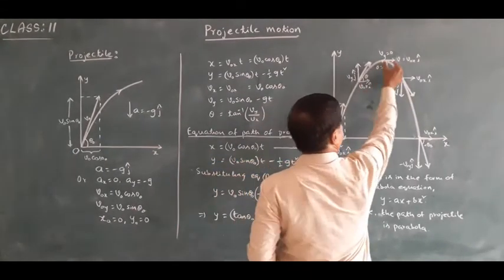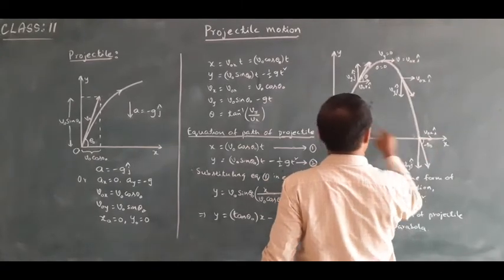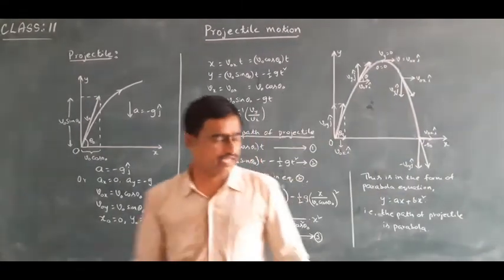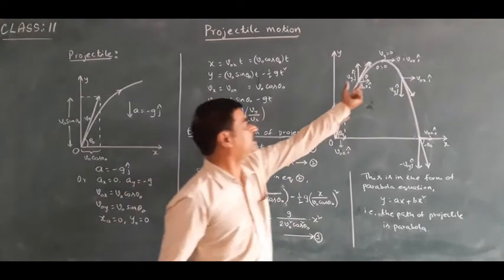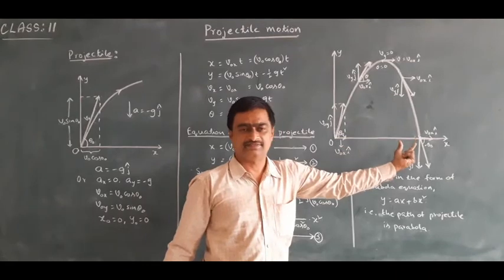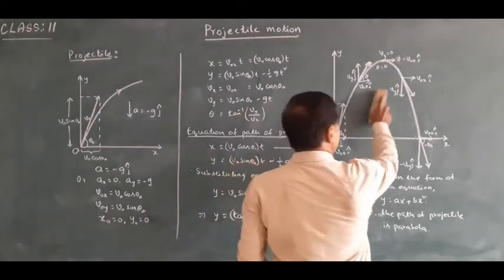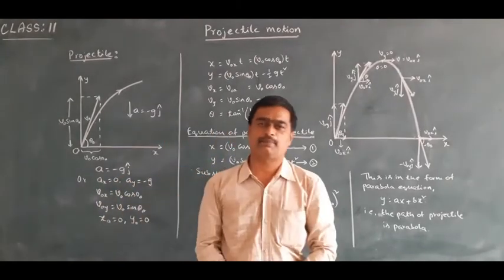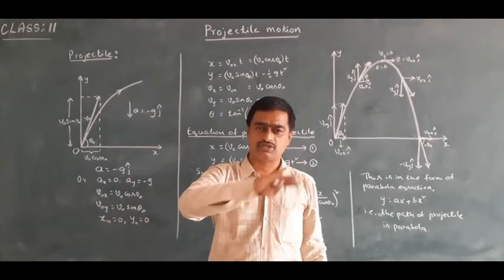The same value is there. Only the vertical component is changing. At any point, if we resolve this into two, we can easily analyze it. In this way, we understand the meaning of a projectile and the path followed by the projectile.